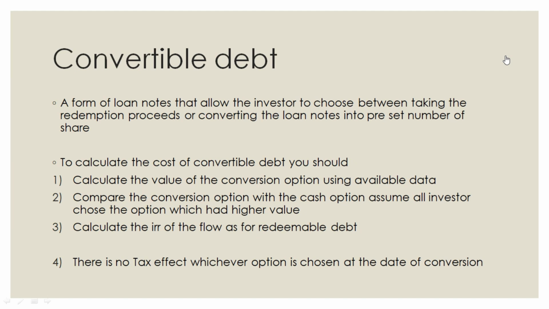We have to calculate the cost of debt the same as we calculate for the redeemable debt. And the last one, there will be no tax effect on this, so we are free from tax relief. There will be no tax effect whichever option is chosen at the date of conversion. So let's see a question on this.